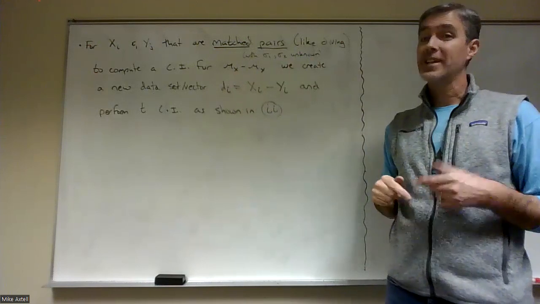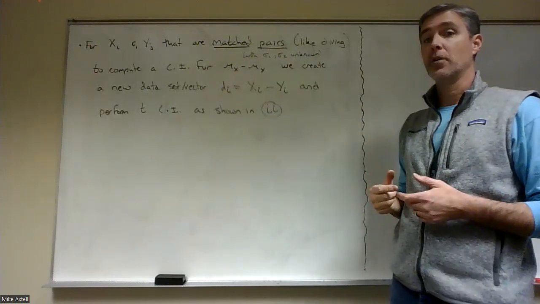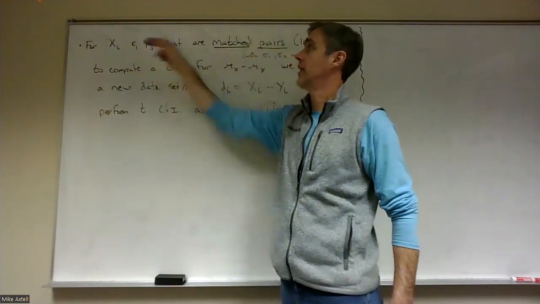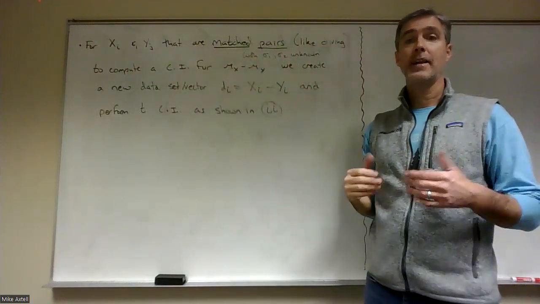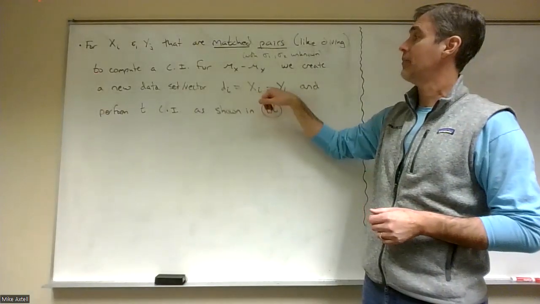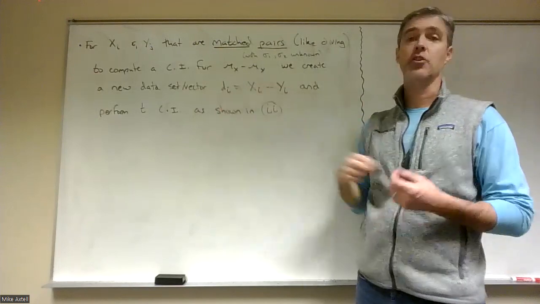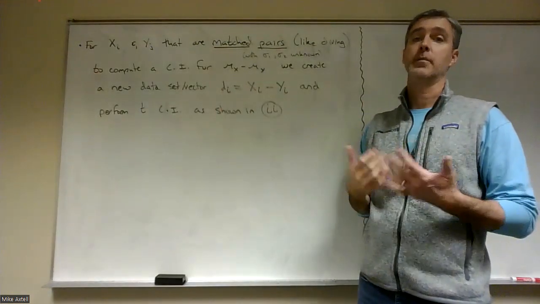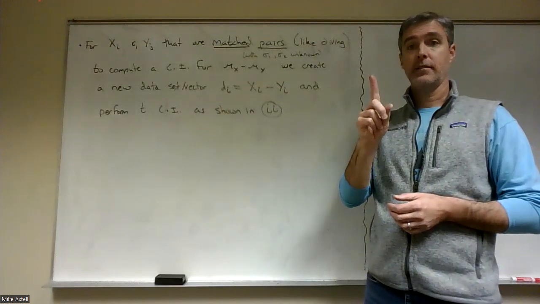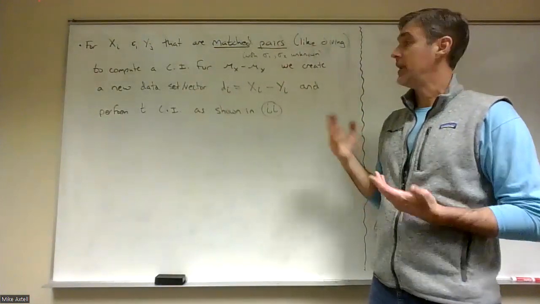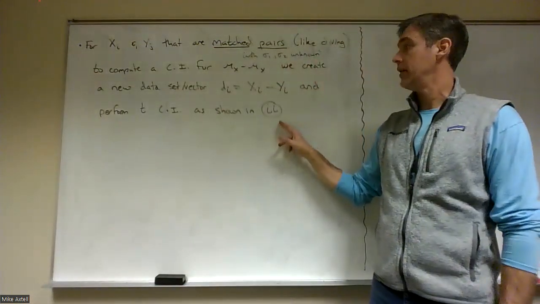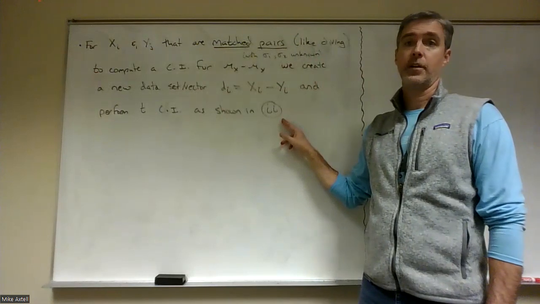So what we're going to do is what we did before, and if you remember, I took these two data sets, semifinal diving scores, final diving scores, and I just combined them into a single data set. So I'm going to take my X sub i minus my Y sub i and define that to be a new data value, D sub i, difference, let's say, okay? Now I'm down to one data set. I still don't know my sigma, but now I can just do the t confidence interval as we worked through in the second confidence interval discussion.